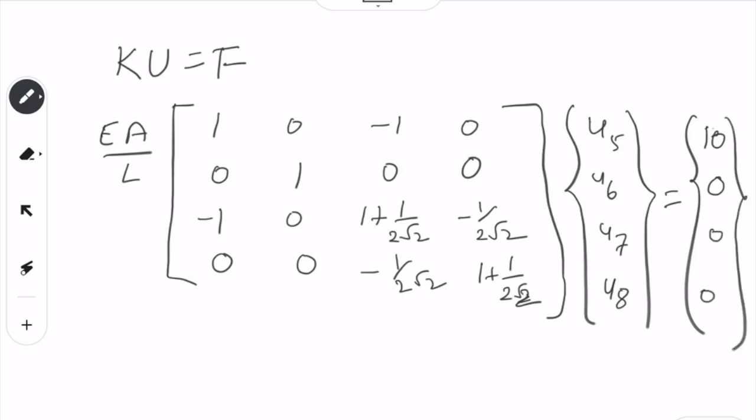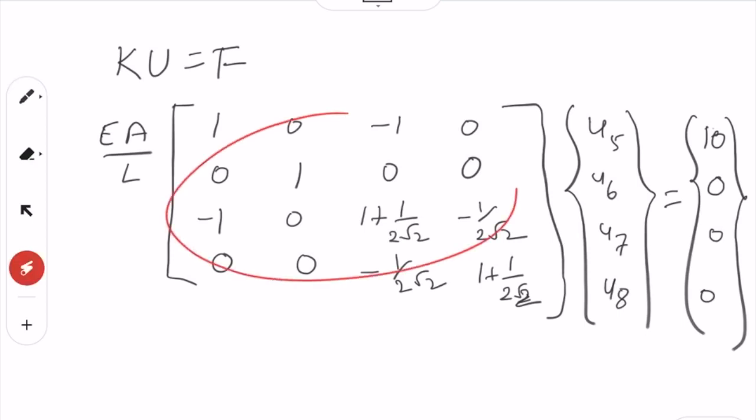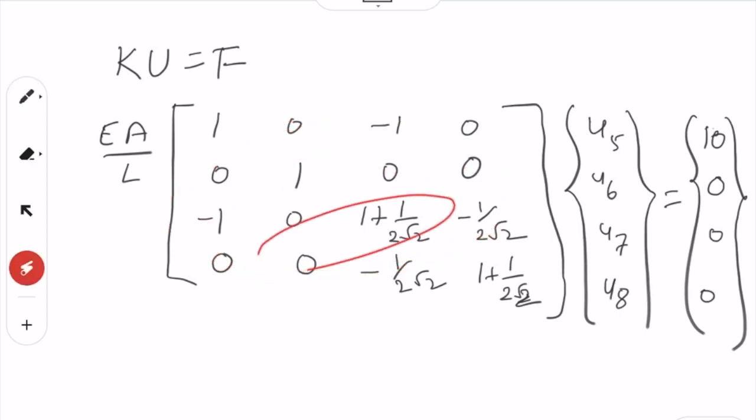Okay. And hence you can find out u5, u6, u7, u8 by inverting this one, right. And this matrix can be inverted, right.